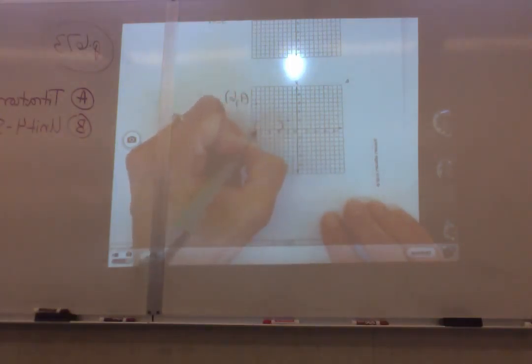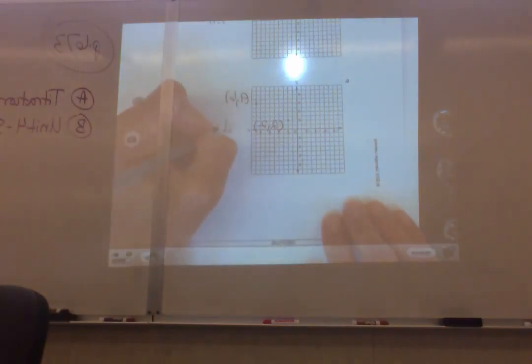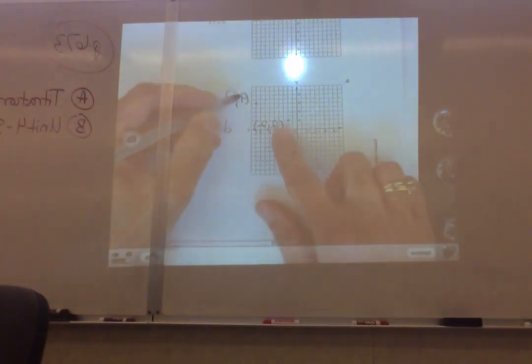Now right here, this one is 2 over, 2 up. So that's what I'm going to go ahead and put in the distance formula. D equals big square root. Here's the 2 x's, 9 and 2.